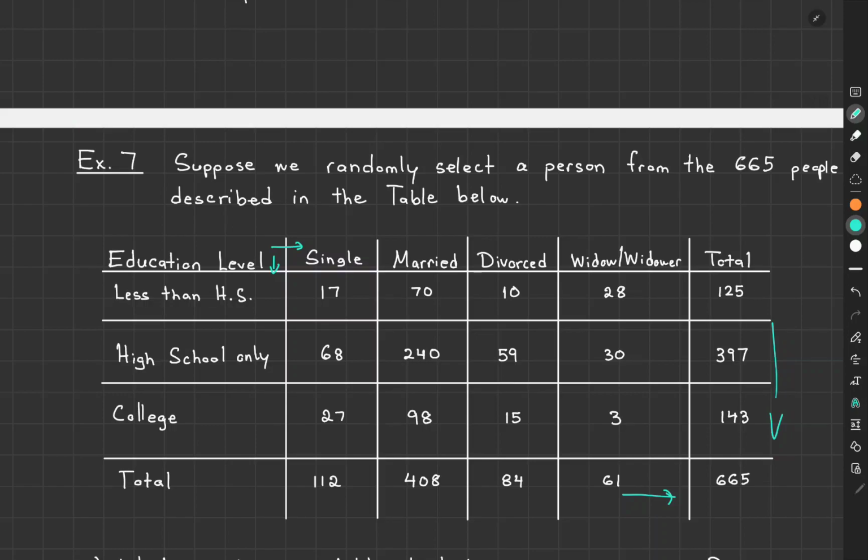So naturally, because we have people in every cell, every person has some sort of education status, and they have some sort of marital status. So there's people who are both single and have less than a high school education, for example. All right. So this is the basics of it. It's called a two-way table.